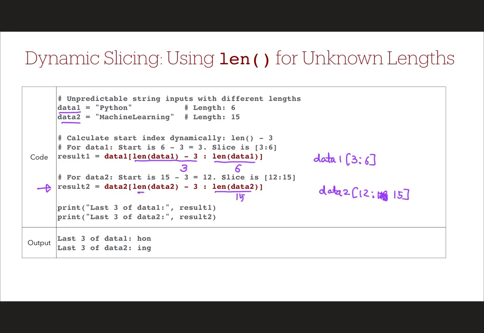And if I subtract 3 from the length of data 2, then that expression will imply 12. So instead of typing these specific numbers in the code, because if you type these numbers directly, then when you need to change the values of the data, you need to find all the occurrences of such hard coding and correct them, right? And if you miss any part in the code, then that will cause a bug.